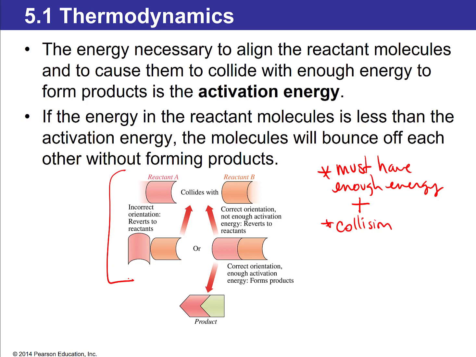If they come up this way, they're just going to bounce off of each other. Nothing will happen. They have to come together in the right orientation. So molecule shape is really important. We talked about that when we were talking about chiral molecules and how the shape of a molecule really does affect how it works as a drug or medication. So it has to have collisions and the right orientation.